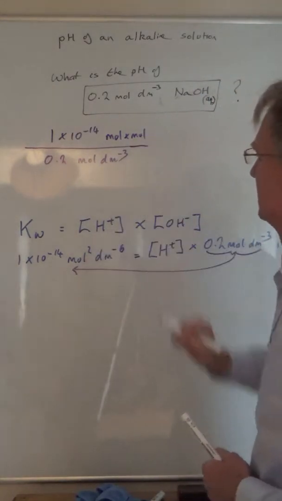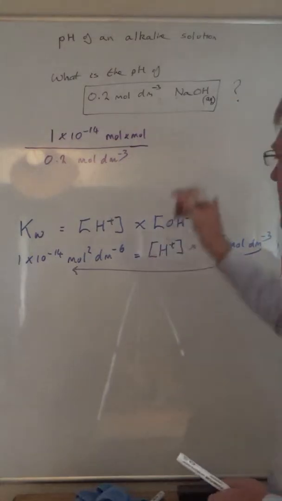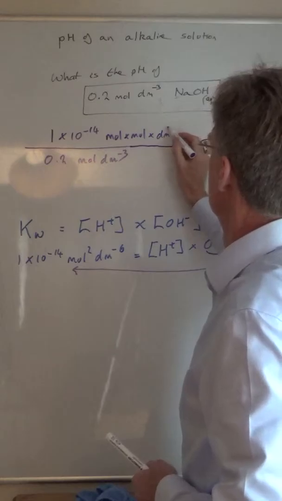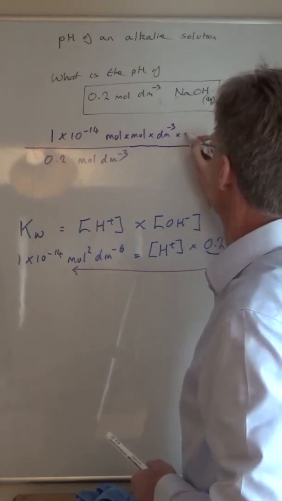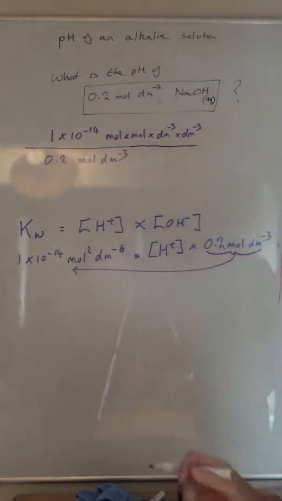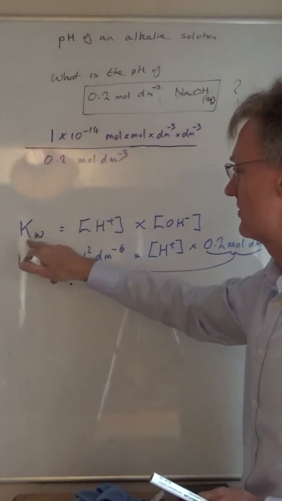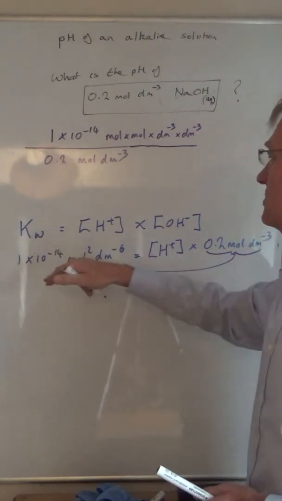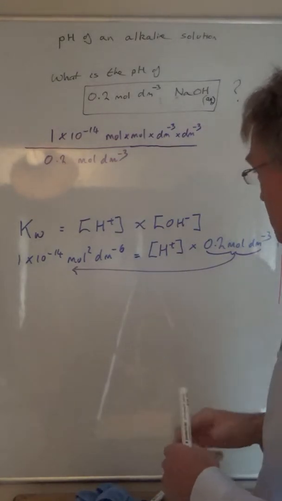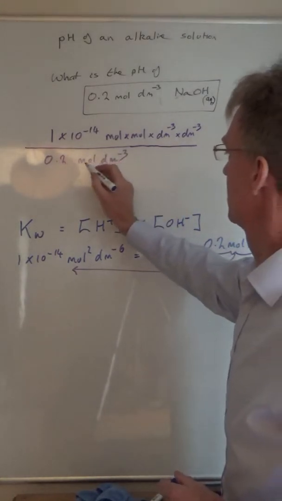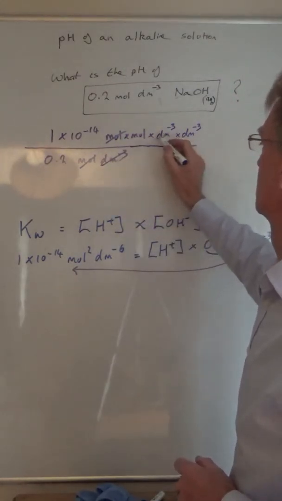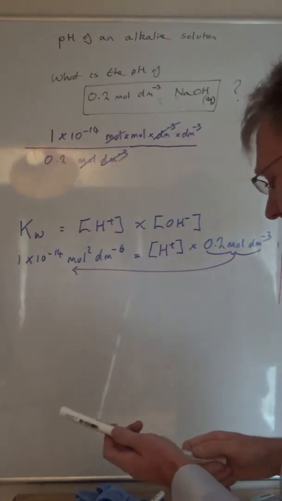And similarly, dm to the minus 6 is dm to the minus 3 times dm to the minus 3. The video on the origins of the ionic product of water shows where these units come from. And doing it this way just enables you to see how easy it is to cancel down. One of those cancels with one of those, and one of those cancels with one of those.